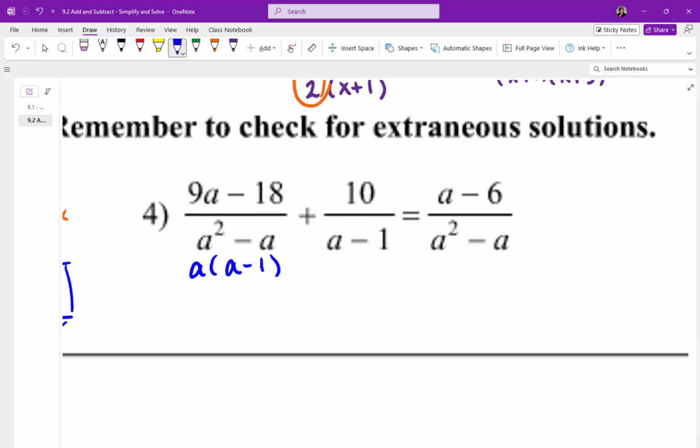So I have this, and then I have an a minus 1. And then I have another a times a minus 1. So 2 denominators match, and 1 is missing the a. So I multiply by a over a so that all the denominators are the same.